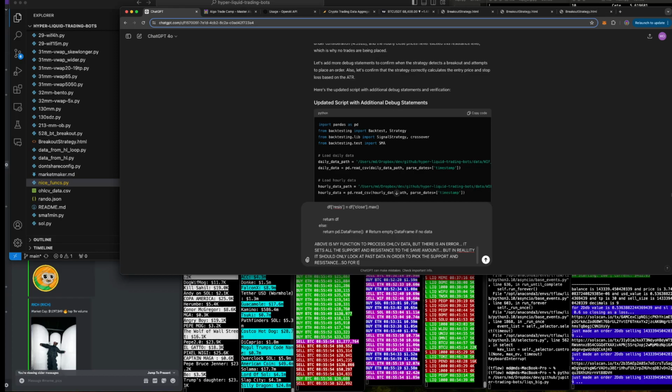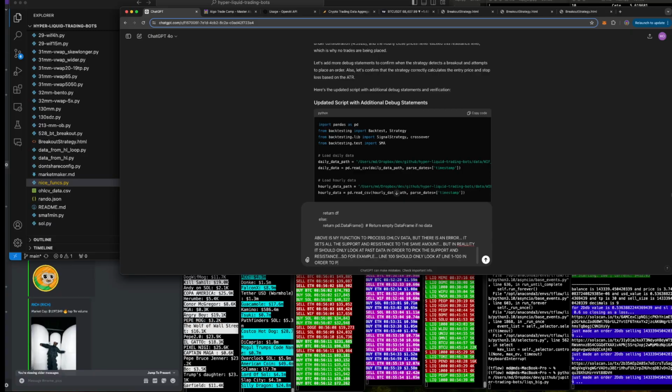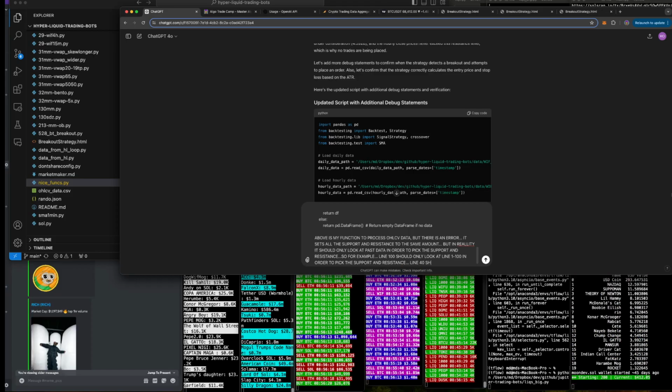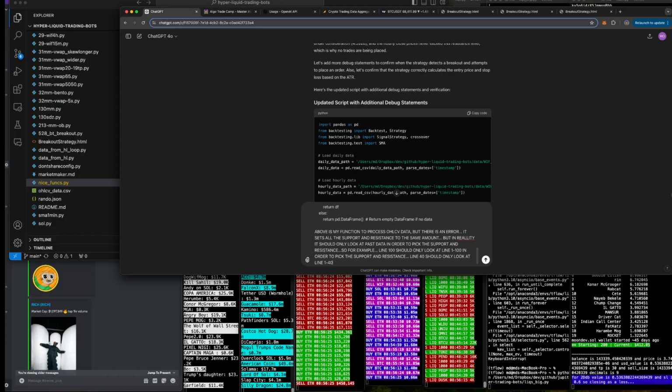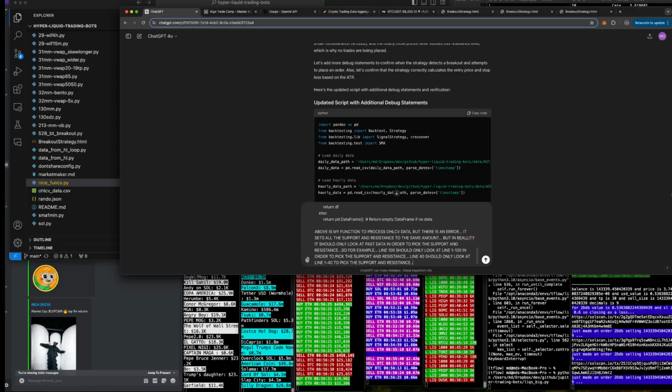So for example, line 100 should only look at line 1 to 100 in order to pick the support and resistance. Line 40 should only look at line 1 through 40 to pick the support and resistance.